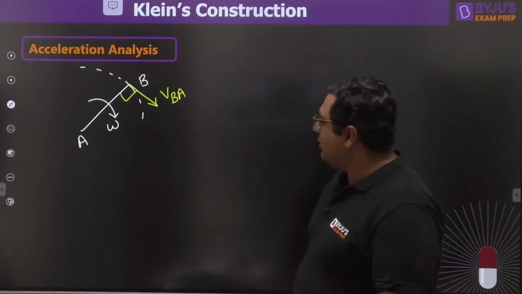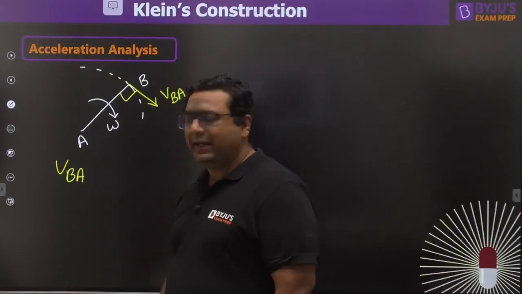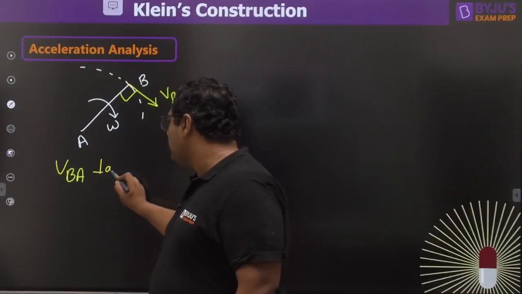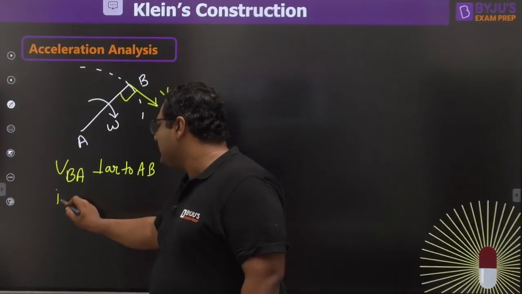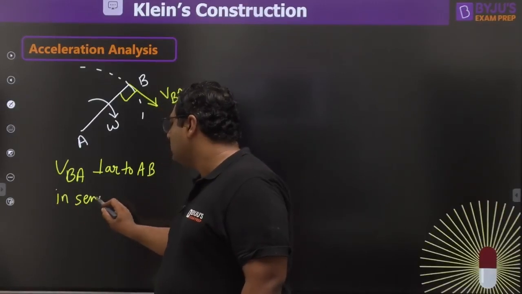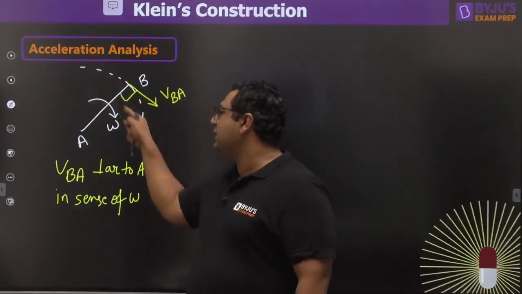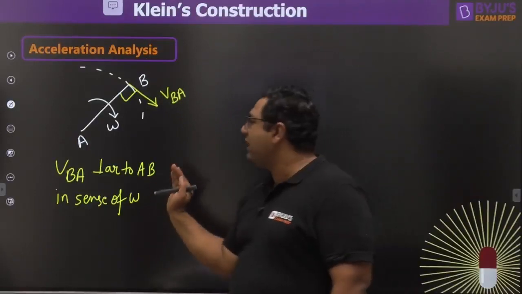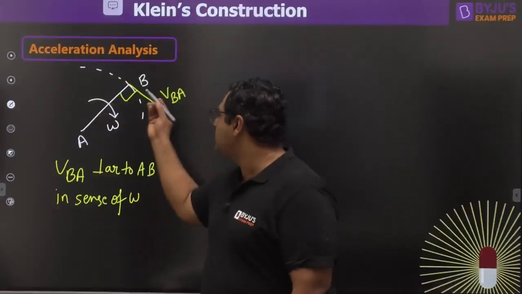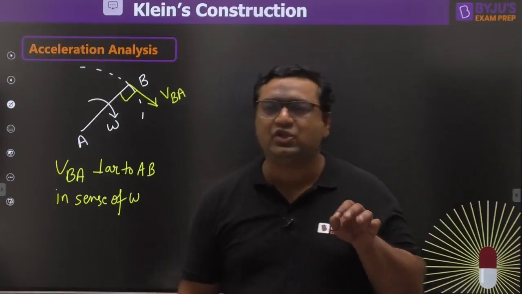So the velocity of B with respect to A is perpendicular to AB in the sense of omega. In the sense of omega means if omega is rotating in this way, the direction will come in this way. If omega rotates the other way, the velocity will go in that direction. This is the meaning of in the sense of omega.